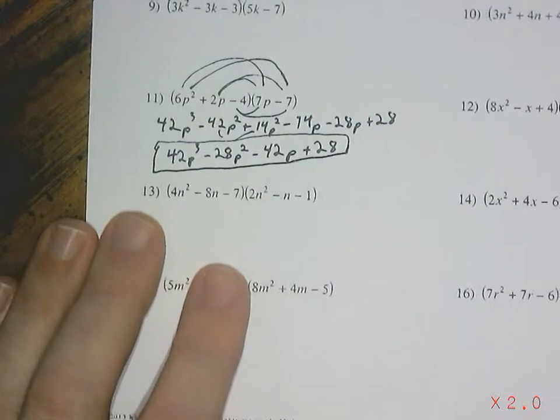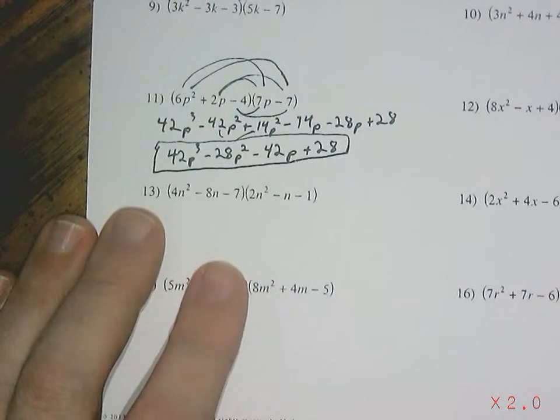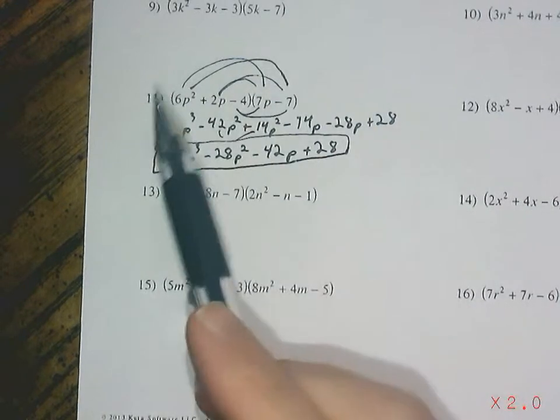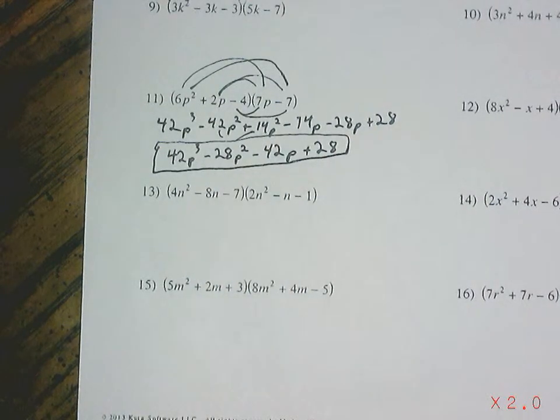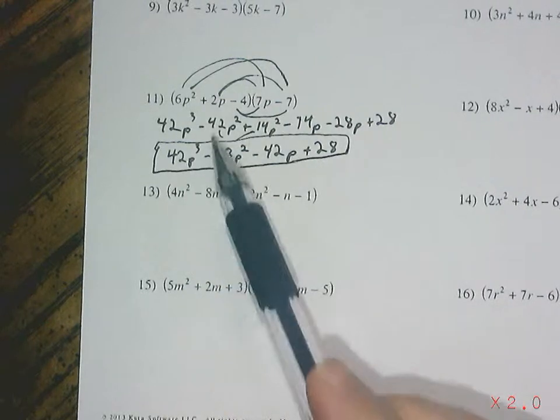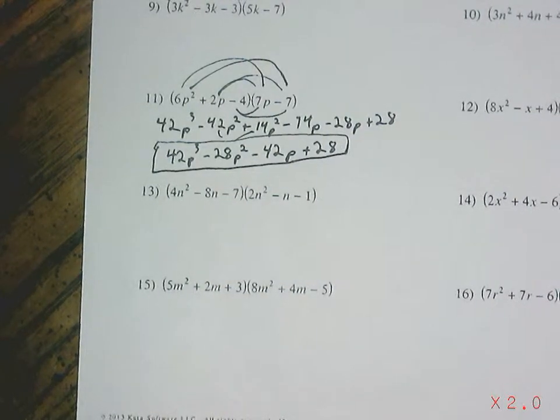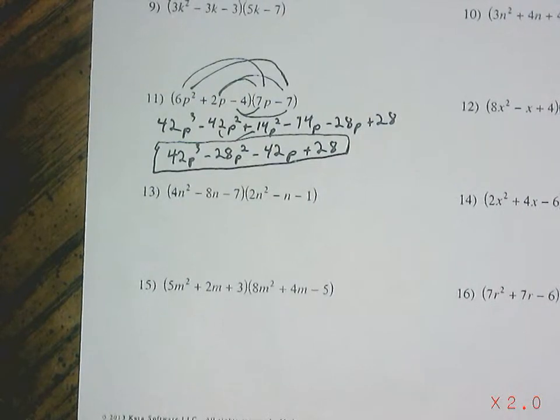So that is my final answer. Not too tough, right? Works out pretty well, and if they're already in the proper order when you multiply it, this is why we have a proper order, you'll notice that they kind of group themselves when you multiply it, so it makes it pretty easy to combine them.